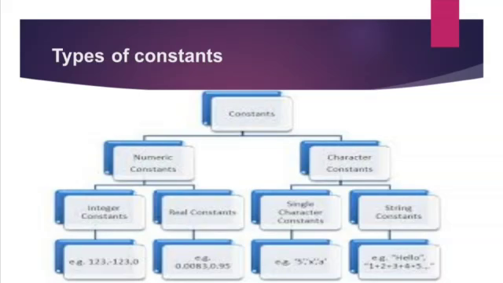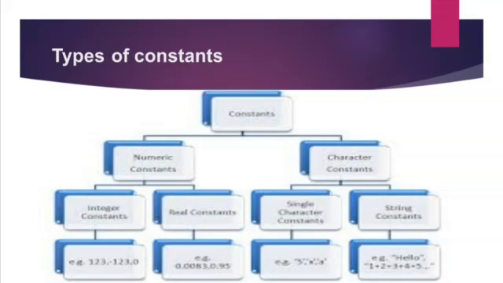Integer constants can be either positive or negative values but do not allow a decimal part. For example, 15, minus 15. It allows positive and negative values, but it does not have any decimal part. Those types of constants we know as integer constants. Then we go for real constants.